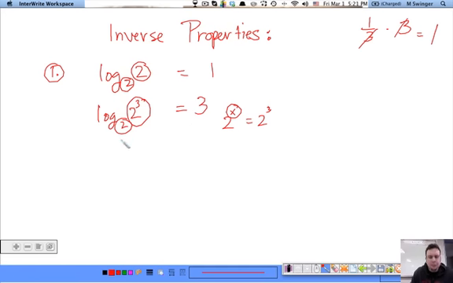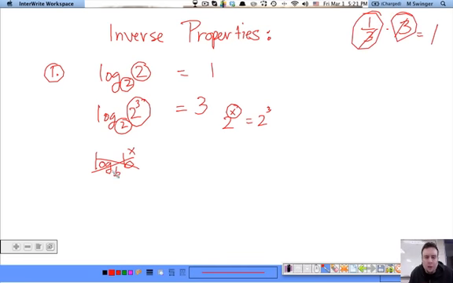Look what happened. You could think of it like this. If you see log base b of b to the x power, you see how those two are the same? Log base b of b cancels out. Those are inverse functions, like 1/3 and 3.